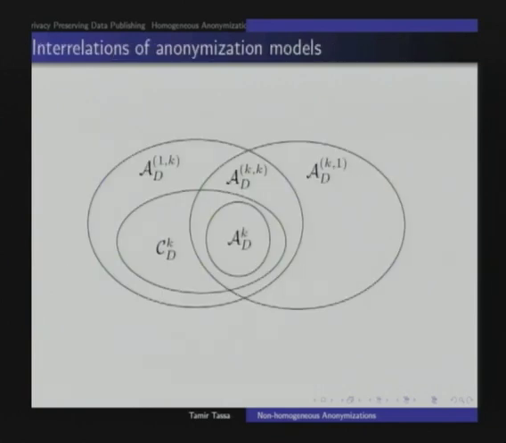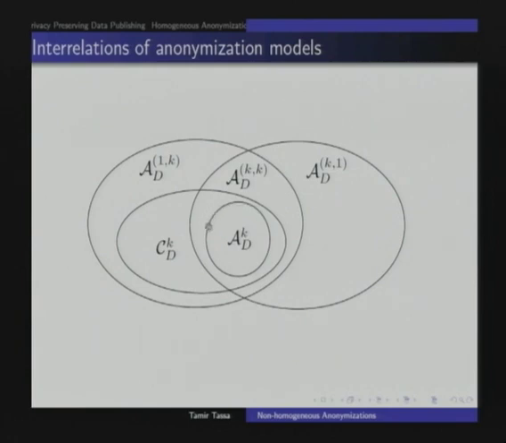Now, what you see here is a picture of... Okay, let's concentrate only on this circle and on this region. Ignore, please, those other three regions because this is the slide which I skipped.